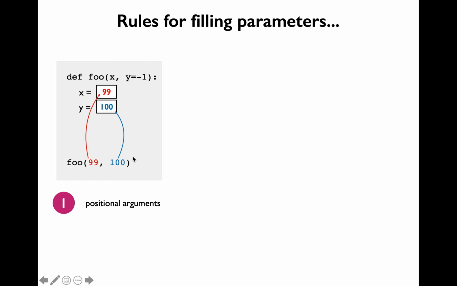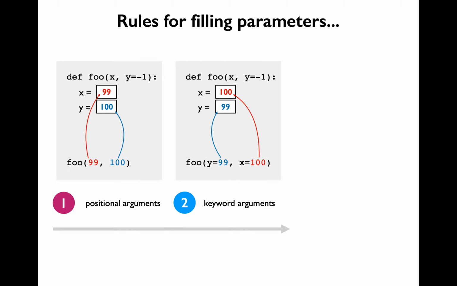Rule number 1 is that Python always fills in positional arguments first. Following that, it will fill in named keyword arguments. Here is an example function call which contains only named keyword arguments. How can I say that? That's because each argument has a corresponding parameter name as part of the function call itself.